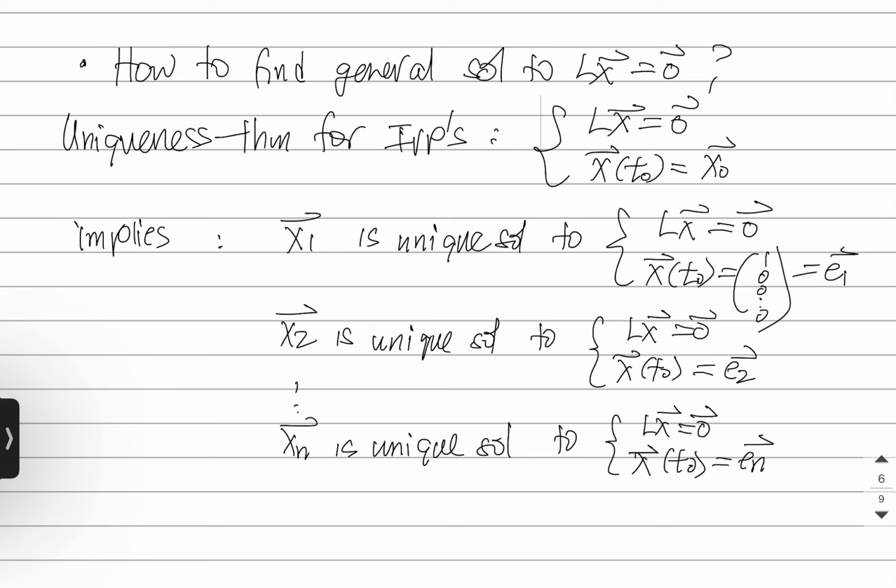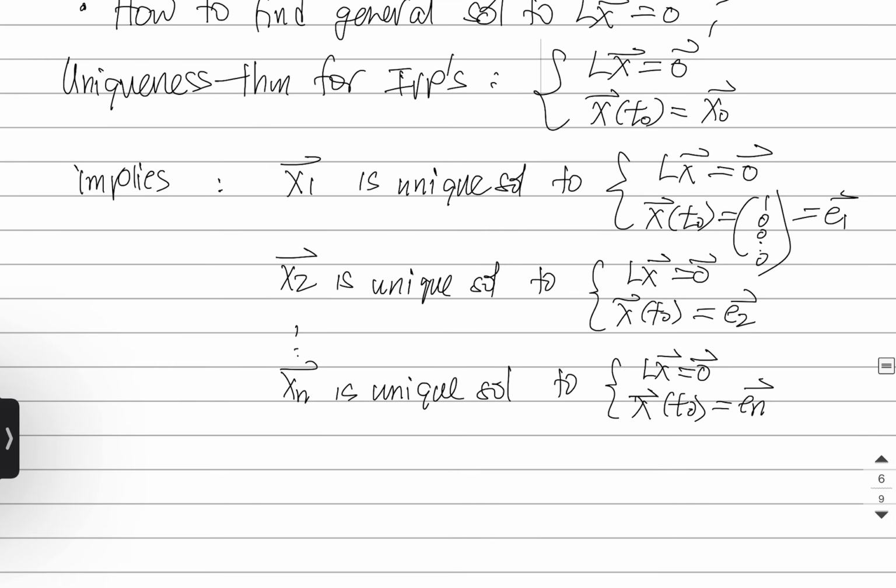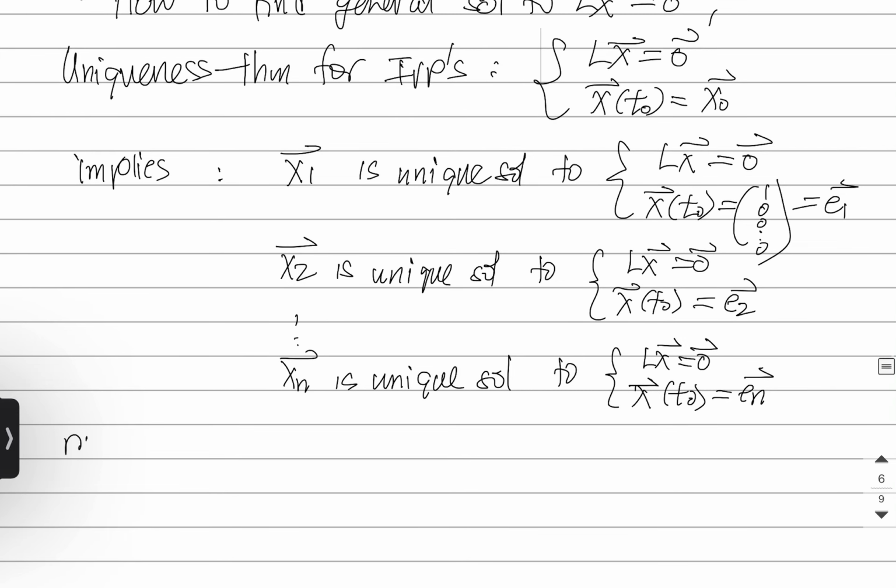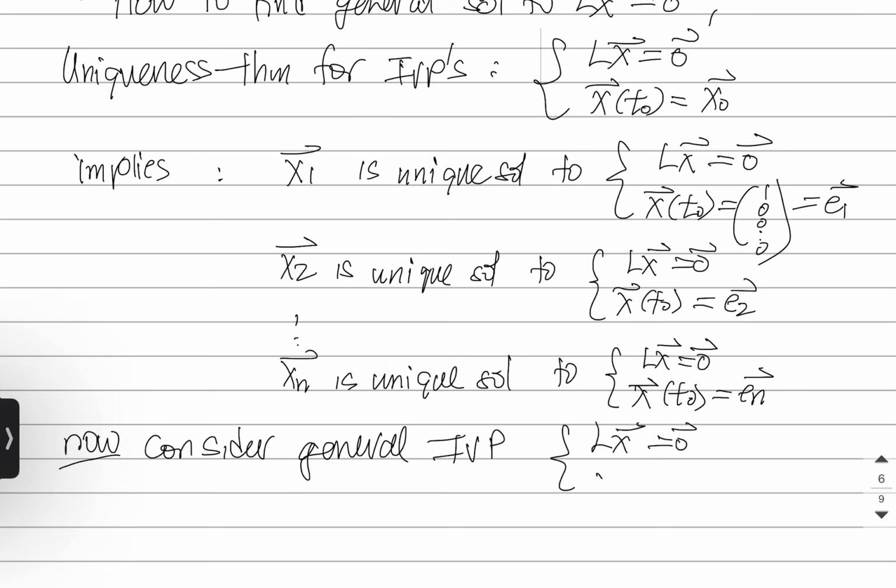Okay, how does that help me? Well, this is going to get me that first step toward the general solution. So now let's consider the general initial value problem. So Lx equals 0, and the initial condition here is just some vector of constants.